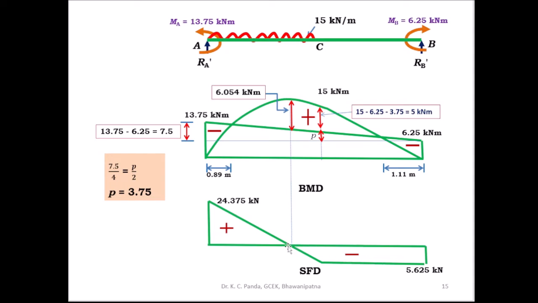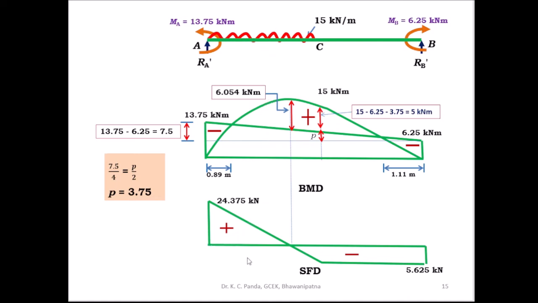So here the shear force changes sign, and you get the maximum bending moment at this position. So for the maximum bending moment, you have to find out this distance. Then you can find out the maximum bending moment. Or you can take the shear force at a distance x from the support A and make the shear force equal to 0.